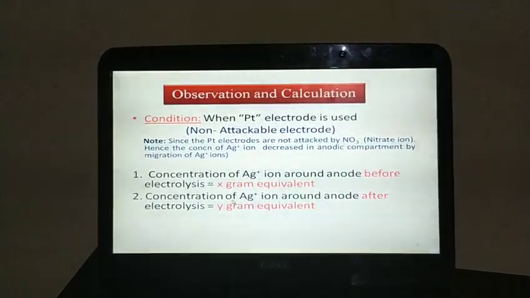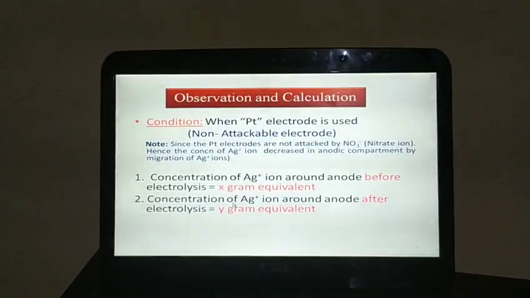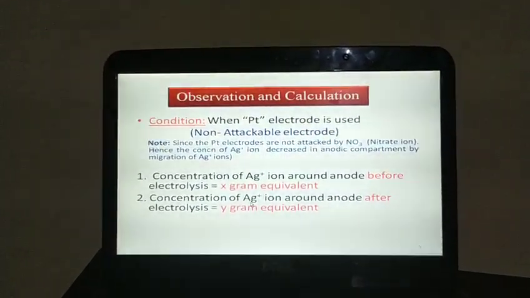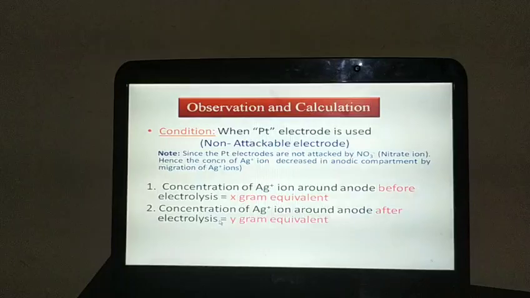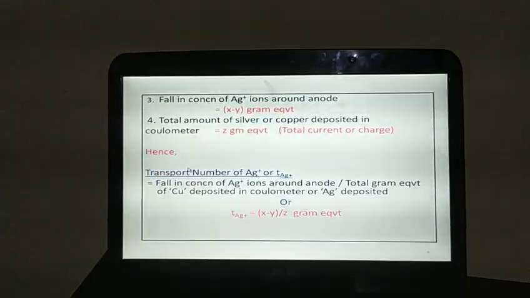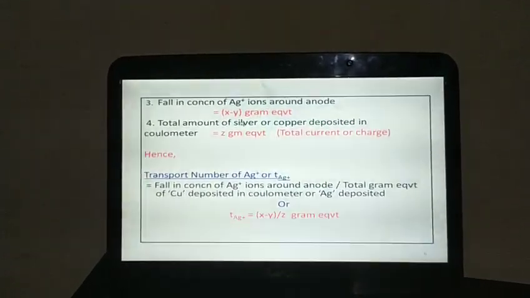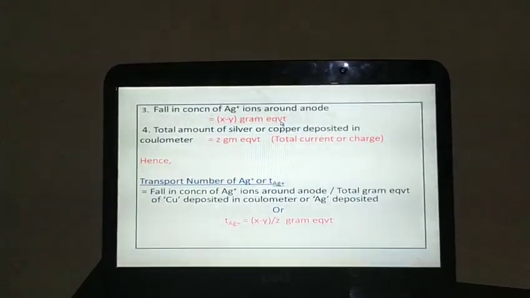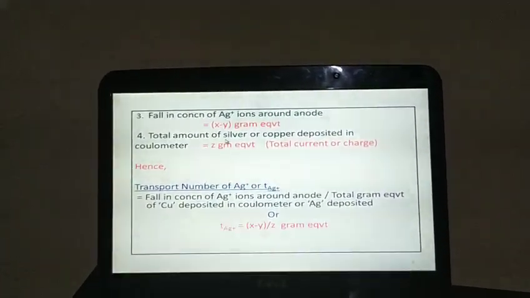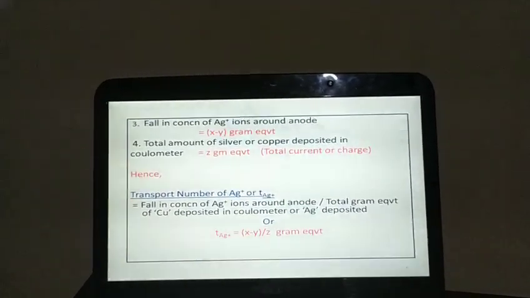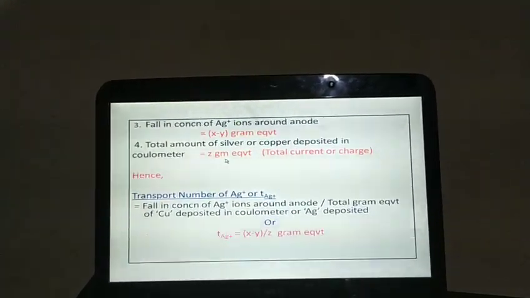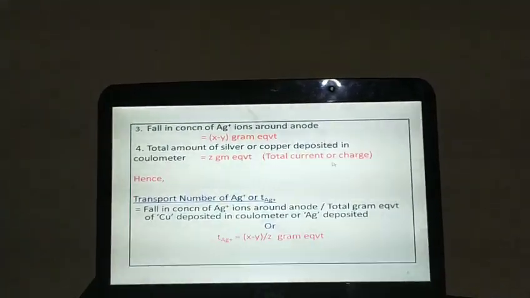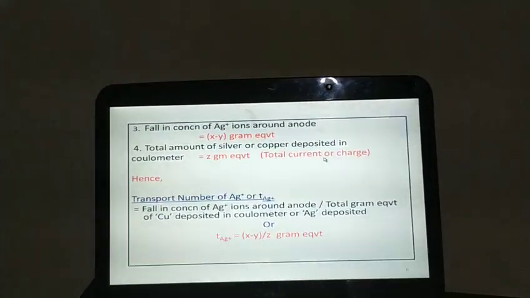After electrolysis, since Ag plus ions move from anode to cathode, there is a decrease in concentration of Ag plus ions. So Y is smaller than X. Third observation: the fall in the concentration of Ag plus ions around the anode is X minus Y gram equivalent. The total amount of silver or copper deposited in the coulometer is taken as Z gram equivalent, which measures the total current or the charge according to the first law of Faraday.